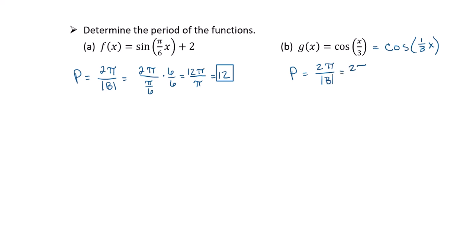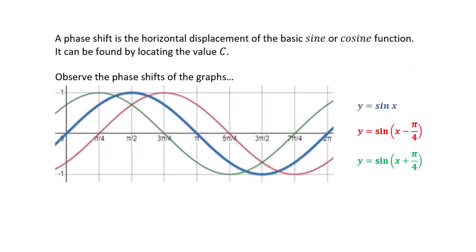So that is 2 pi divided by 1/3. Absolute value of 1/3 is 1/3. Now I can multiply by 3 over 3 to simplify this, and I get 6 pi. So 6 pi is the period of that graph.